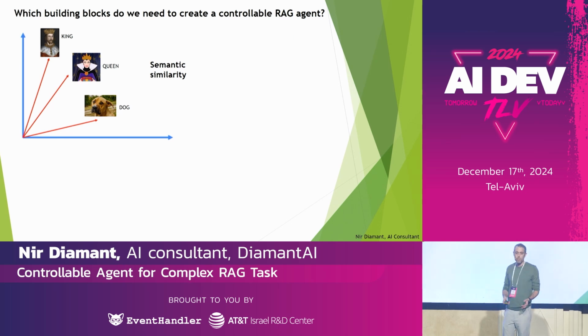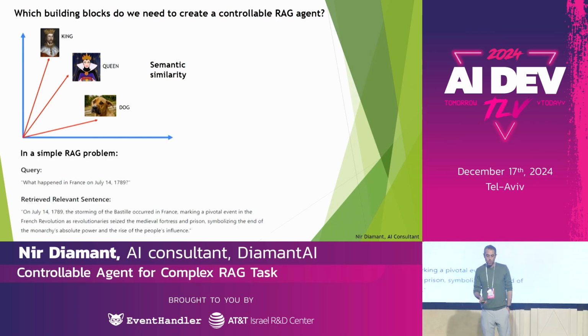In this case, we have the word king and the word queen. They are laid very close in this space, and the word dog, for example, is further away. I give this example to show you a simple RAG problem.